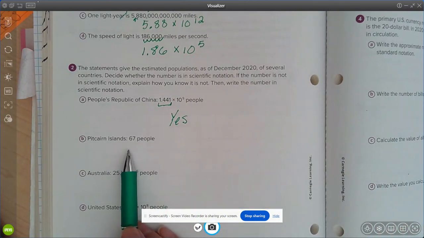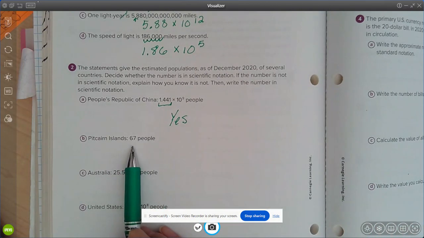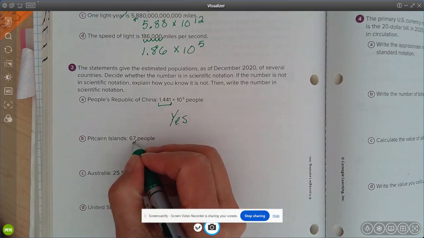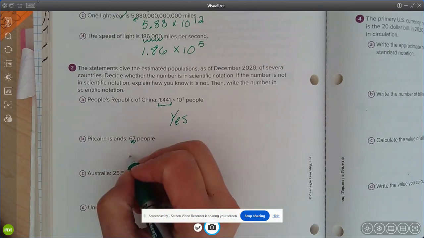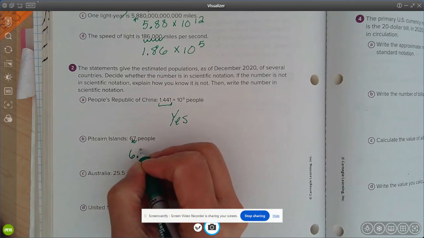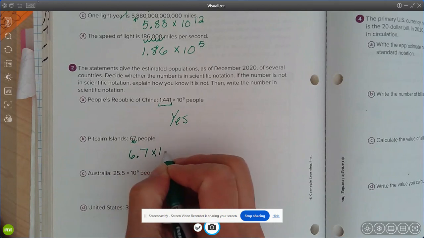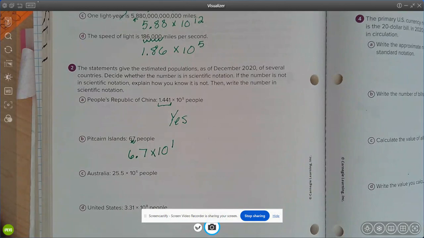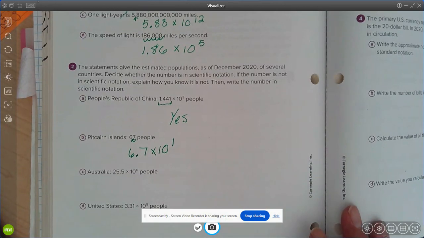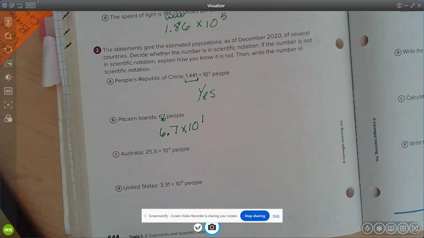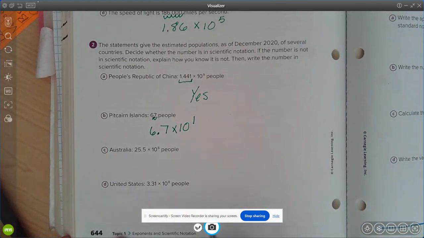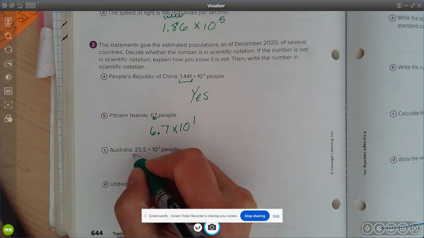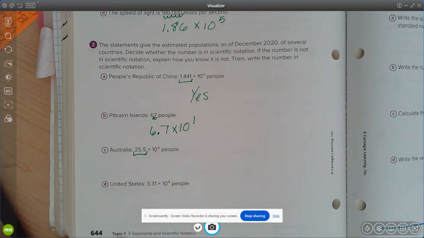The population of Pitcairn Island is not in scientific notation because the number is not between 1 and 10. To do so, we would have to move the decimal here. So when we rewrite this, it's going to be 6.7 times 10 to the first power because I moved my decimal 1. So Australia, the population, is not written in scientific notation because this number is not between 1 and 10.